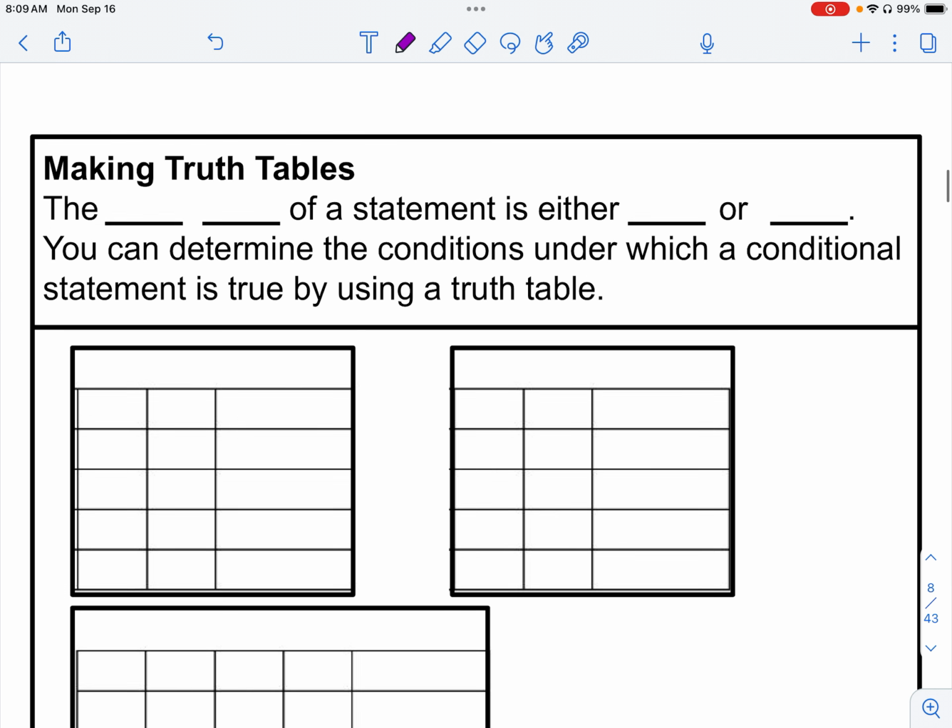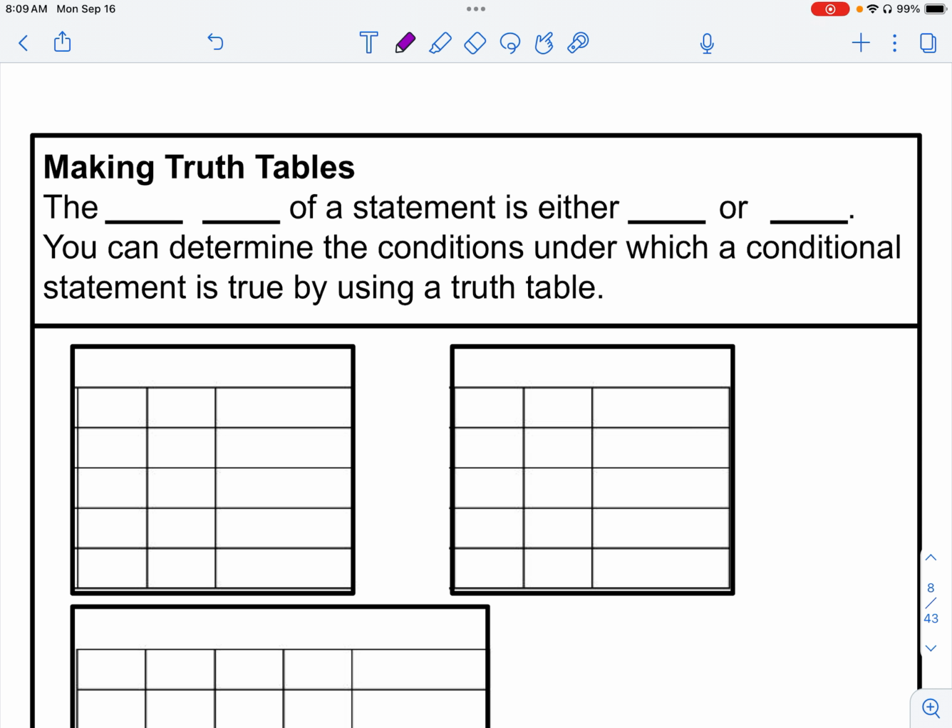All right. So last thing we're going to do is talk about truth tables. And when we have our conditional statements, converse, inverse, contrapositives, we know that they can either be true or false in some combination.